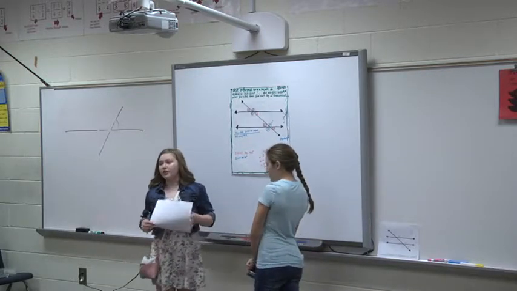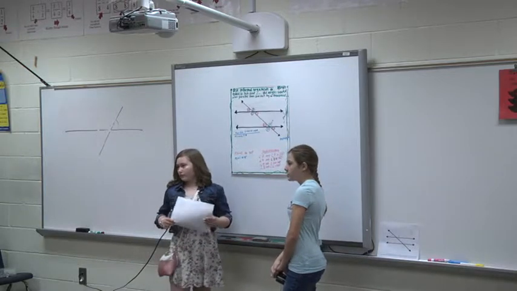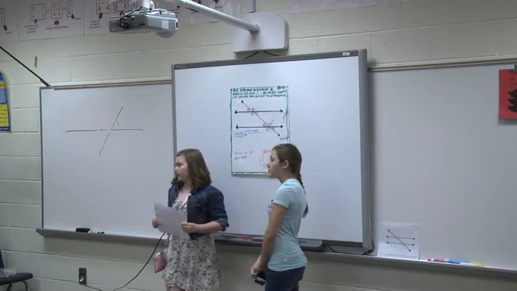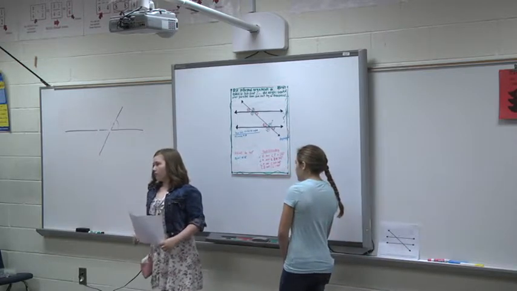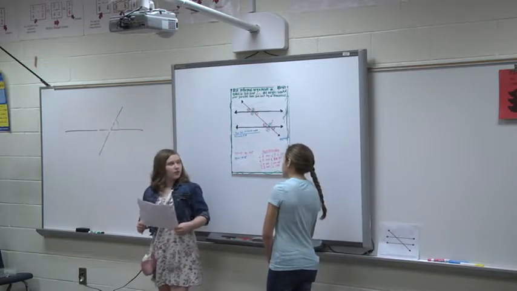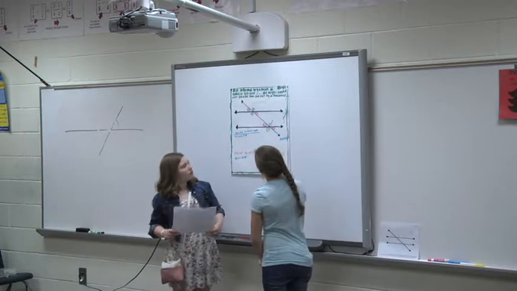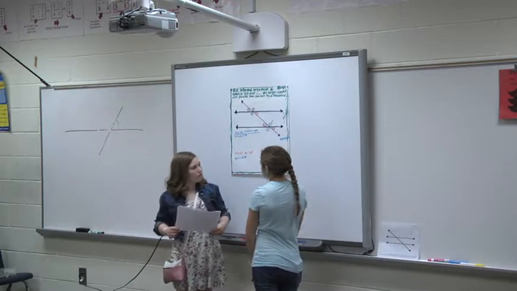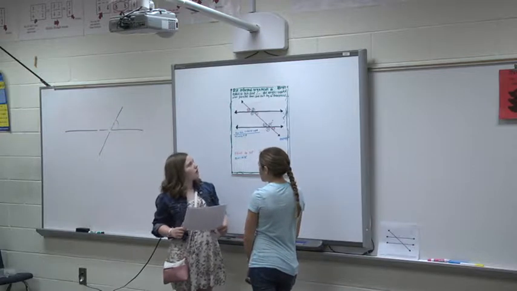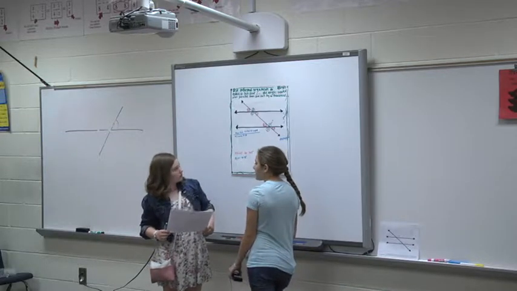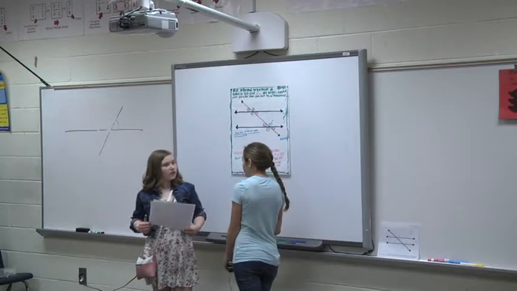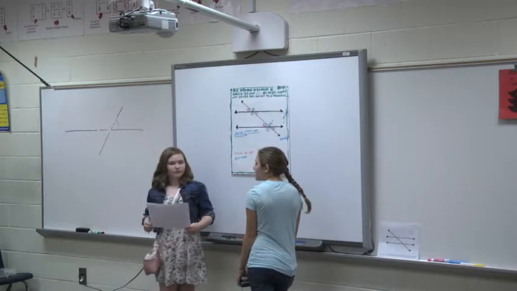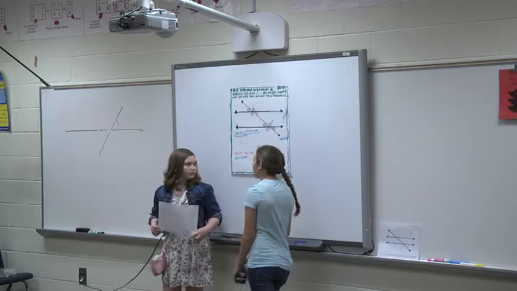Alright, does anyone have any questions? Brooke? If the two lines are not parallel, do the angle relationships still work? I don't know, what do you think? They don't work because they wouldn't be supplementary.